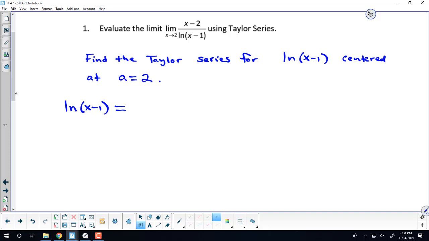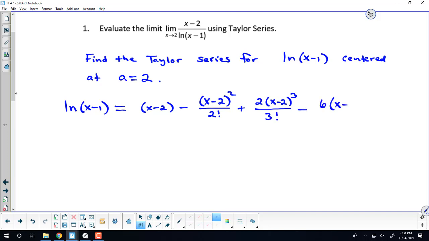So the first term is x minus 2. Second term, we'll write out the first 3 or 4 terms. The second term is negative x minus 2 squared over 2 factorial. Third term, positive 2 times x minus 2 cubed over 3 factorial, minus 6 times x minus 2 to the 4th over 4 factorial.